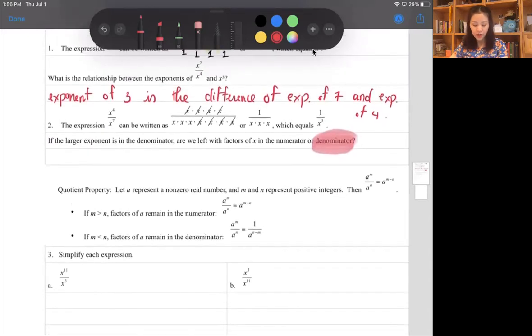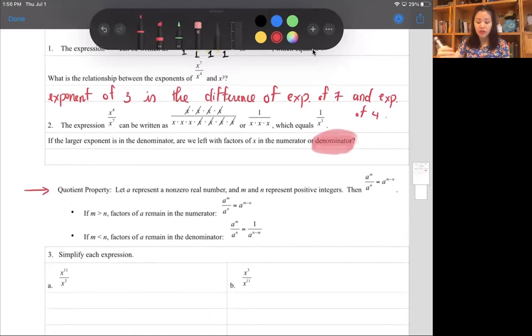All right, now it comes to the quotient property. Last time we talked about product properties, now the quotient properties. Let a represent a nonzero real number, and m and n represent positive integers. Then a to the m divided by a to the n equals a to the m minus n, if m is bigger than n.